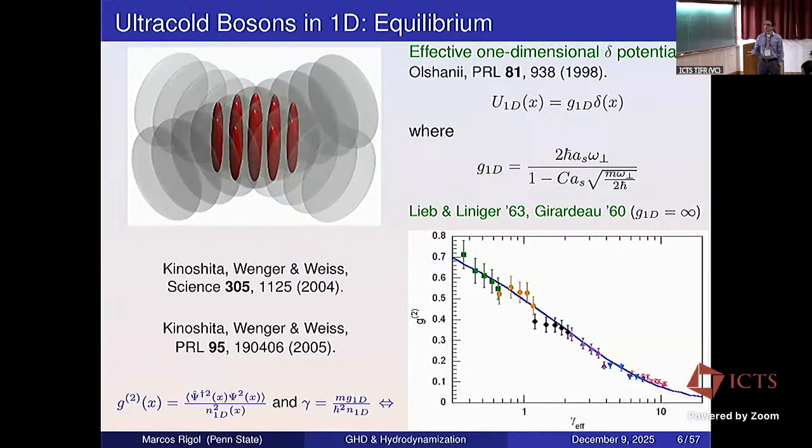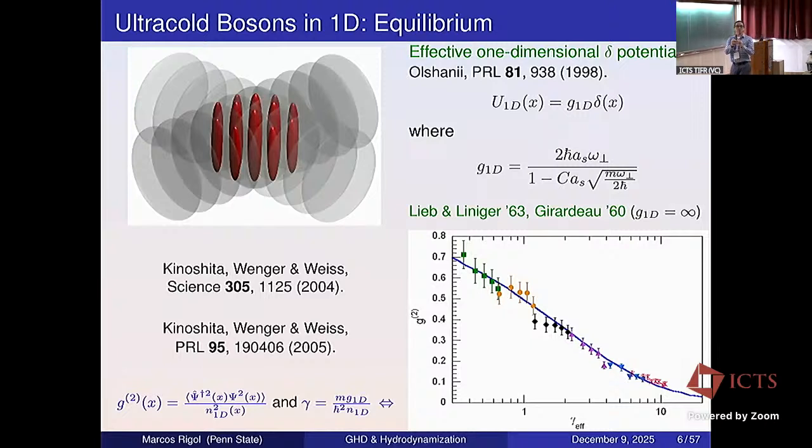What is shown here are the experimental results, the points with the error bars, which they can obtain using photoassociation. And the line is the prediction of the Lieb-Liniger model. That shows that in those experiments you get a very close realization of that model, and you can use the Lieb-Liniger gas to describe the equilibrium properties.